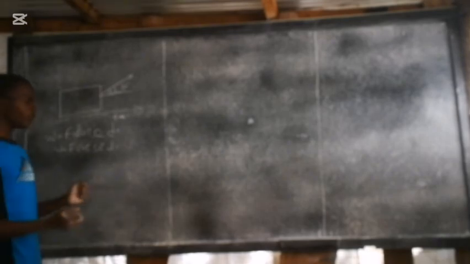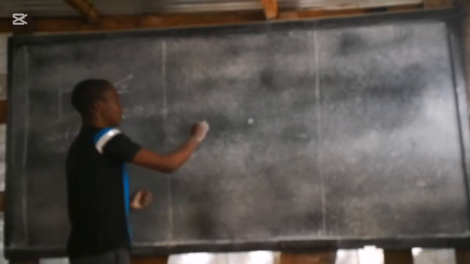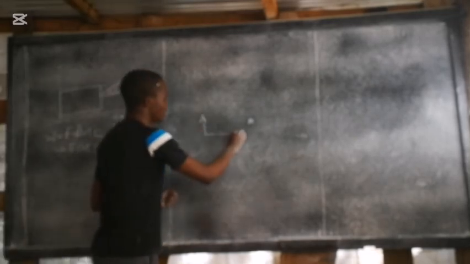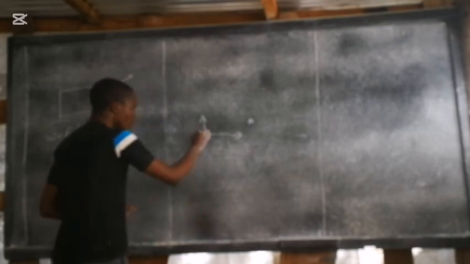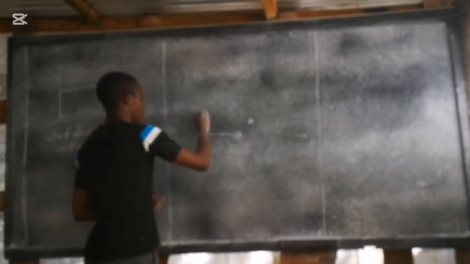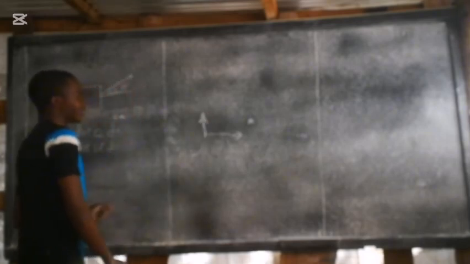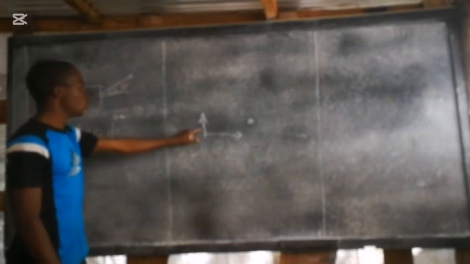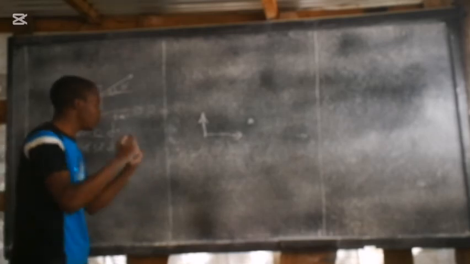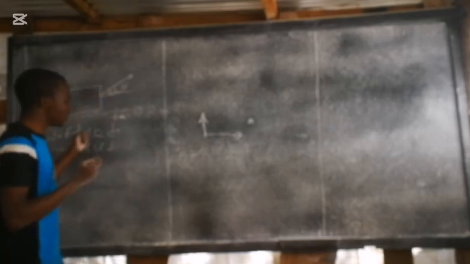Now, they say when you lift something up, this is the distance here. Then you lift something up. Why do we say that you are not doing any work when you lift something? Because of the same formula.